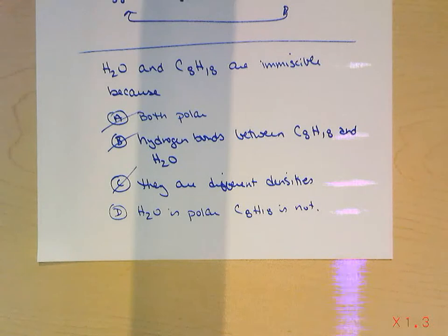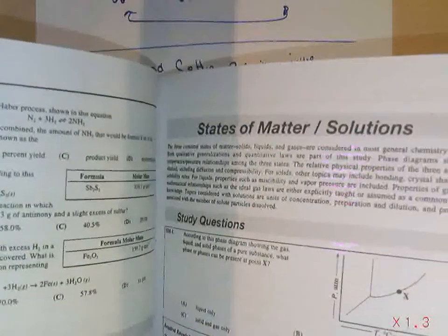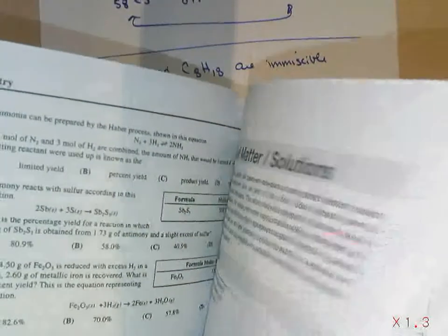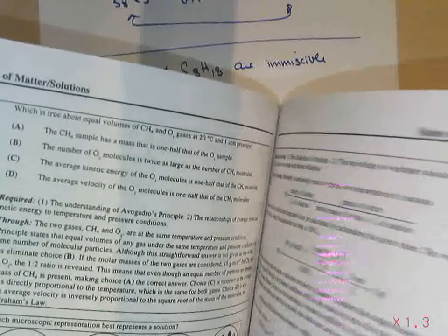Molality. So if we have that study guide, what section? Oh, if you have the study guide, you need to study. Let's see here. In the states of matter and solutions section, just the last half really that talks about solubility, molality. We don't have to worry about body-centered or cubic or anything like that.